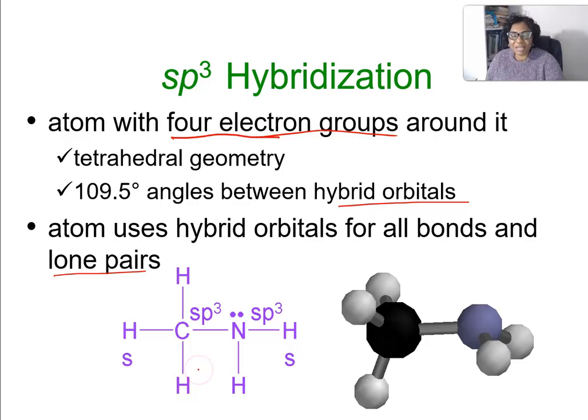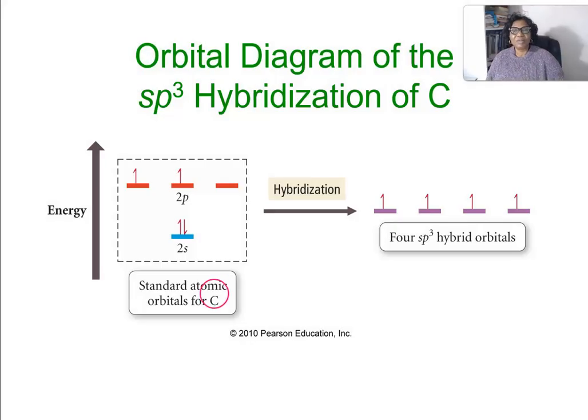So let's look at the energy diagram. Energy is increasing, look at this arrow. These are the unhybridized orbitals of carbon. You see 2 electrons in the 2s and 2 in the 2p. And you see the 2p has higher energy than the 2s.